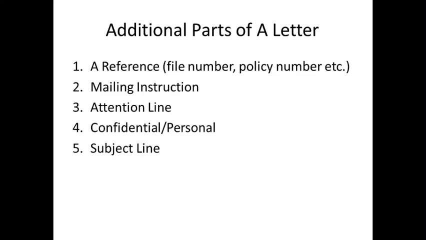So above the inside address, that is above the to address, we can add a mailing instruction, whether it is through fax or through postal mail. So mailing instruction shows what service has been used for this mailing.